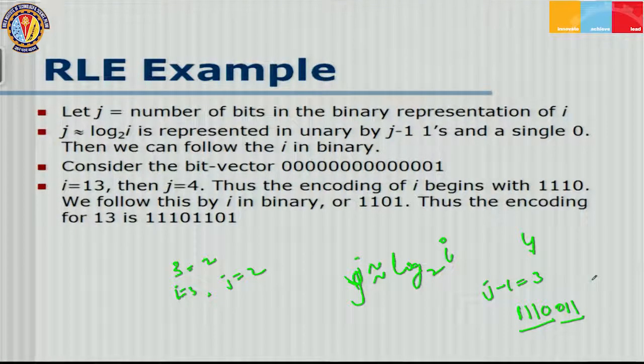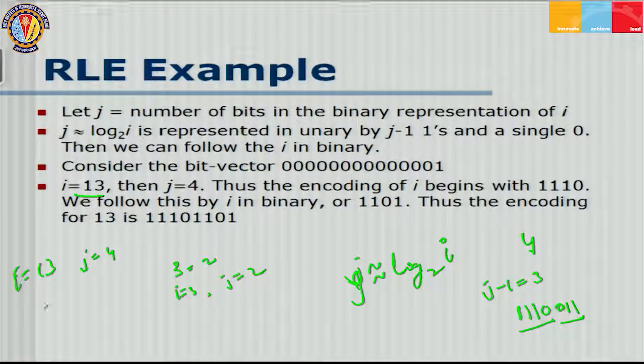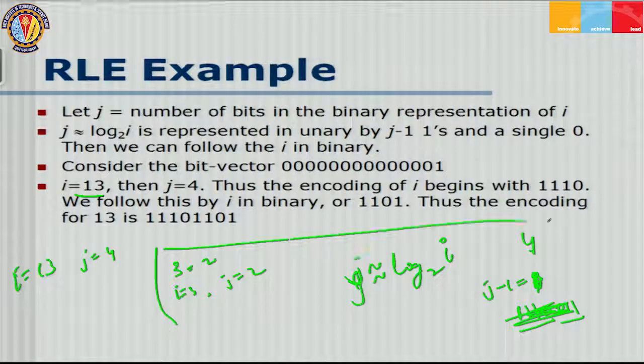Consider this example where there are 13 zeros, so I is equal to 13. So that means j is equal to 4. Sorry, j here in this case was j is equal to 2. So j minus 1 was 1. I'm taking this example first. If j minus 1 is equal to 1, so 1 0, and then I in binary is 1 1.